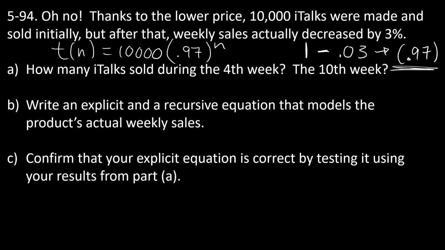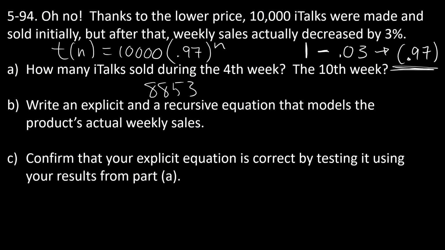I'm going to grab the number 10,000. And I'm going to multiply by 0.97 raised to the 4th power, and that will give me the 4th week sales. So for week 4, I get 8,853 phones.